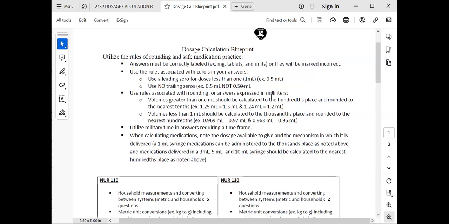But if you're converting pounds to kilograms, just a basic conversion, meaning it just says convert 165 pounds to kilograms, then you would round your answer to the nearest tenth, because I imagine your instructor doesn't want a whole bunch of repeating numbers in a long litany of numbers. They want it to the nearest tenth. If that is different and your instructor has told you different, please follow their instruction. I'm basing this off of what I've been told, and sometimes there's discrepancy.